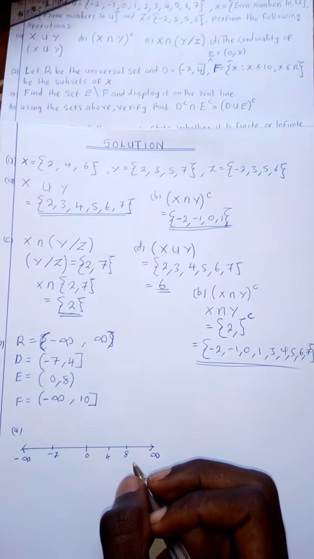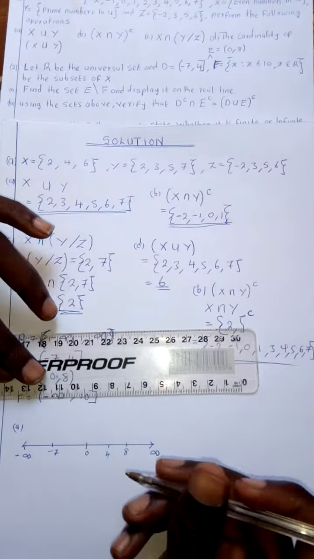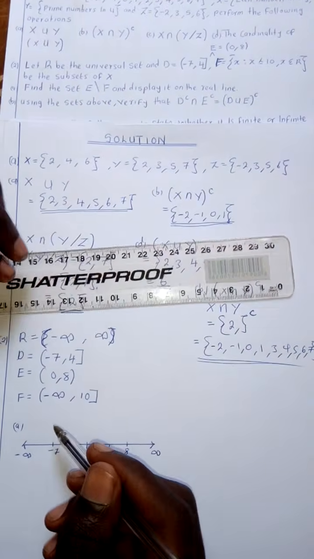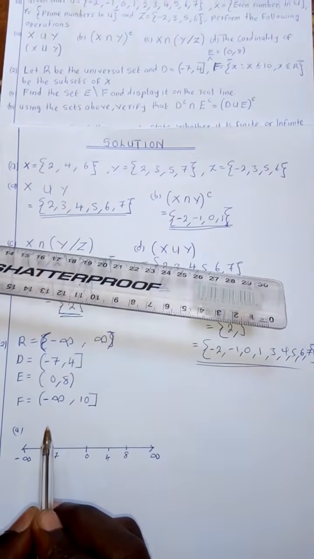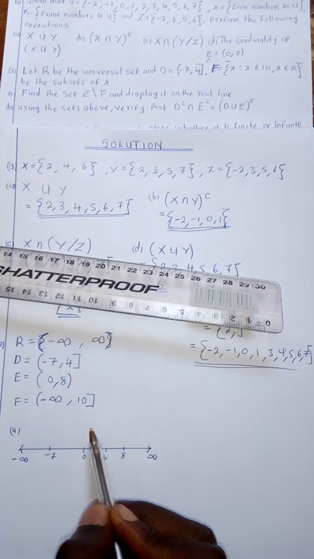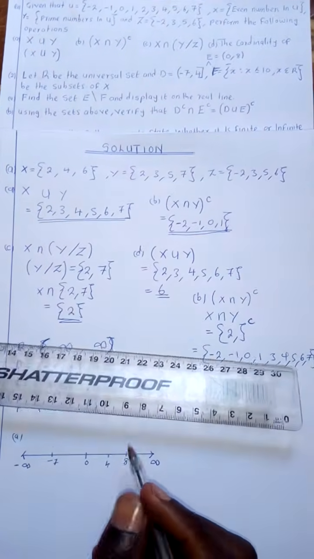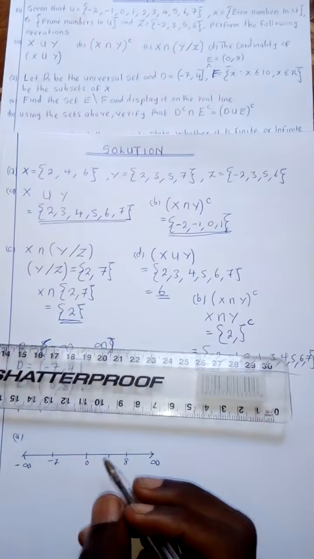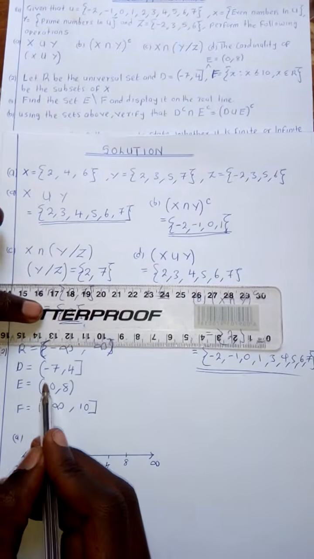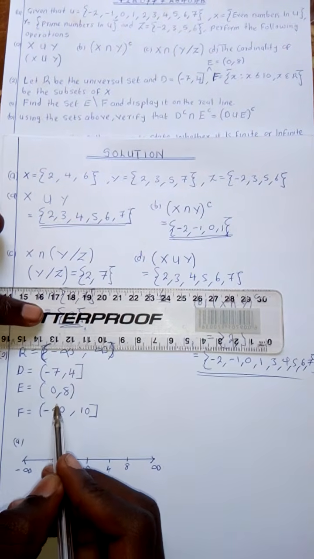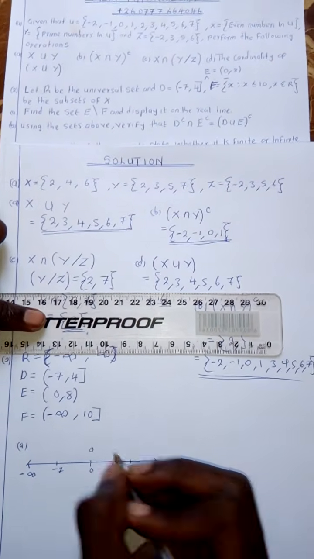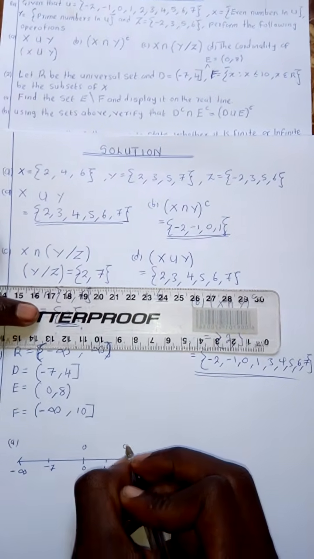So now you write the first letter that you have been given. They are saying E, so we're going to draw a line for E. Now E is coming from 0. Check the brackets, they are not including 0. So we draw an open circle here and an open circle here.